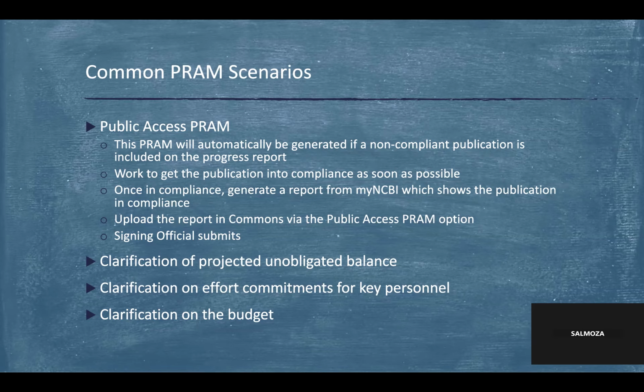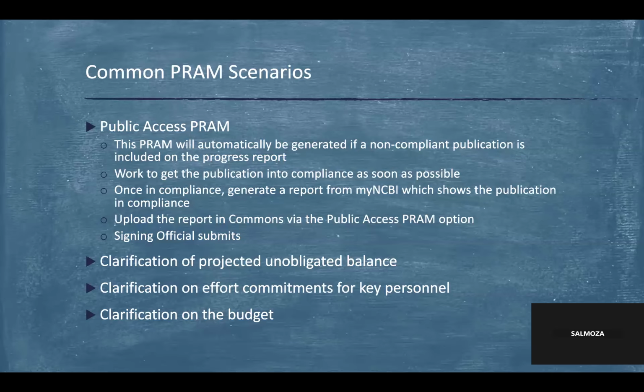I think you get an auto-generated email that says, please provide a report showing your publication in compliance. So, like I said, you need to work to get your publication into compliance as soon as possible. Once you're in compliance, you can generate a report from MyNCBI, which shows the publication in compliance. And then you would just upload that report into Commons via the public access PRAM option. The signing official submits, and then you should be good to go.